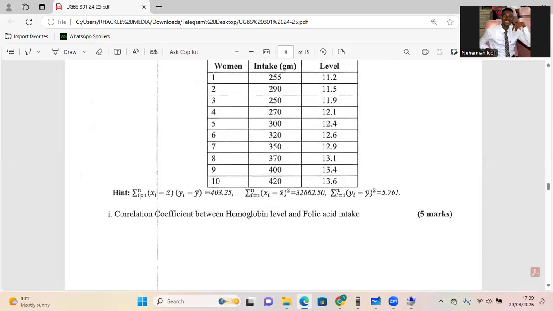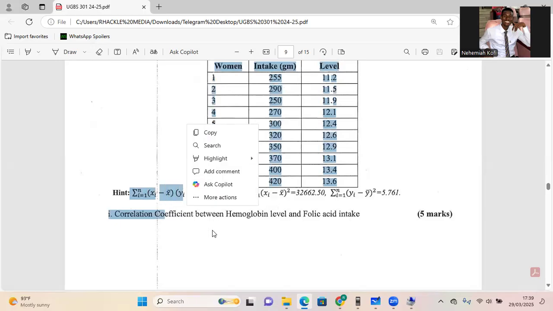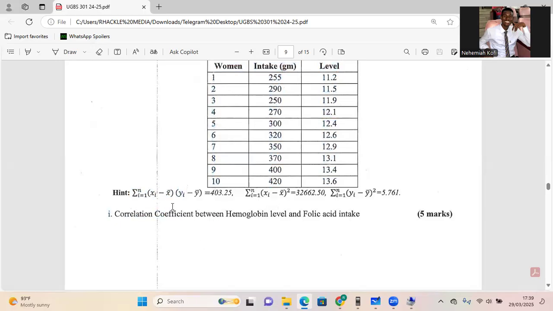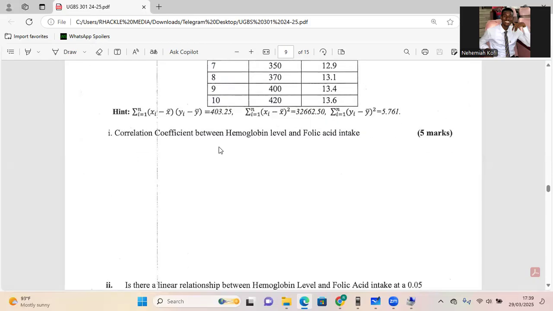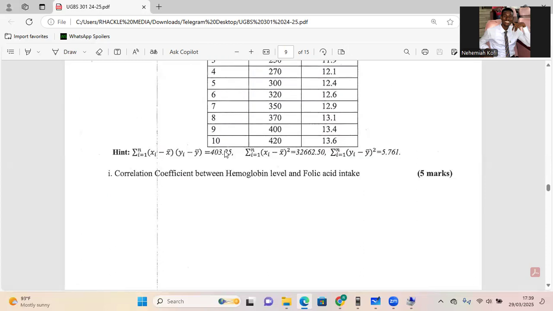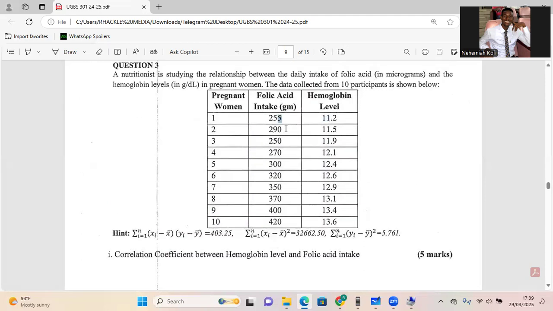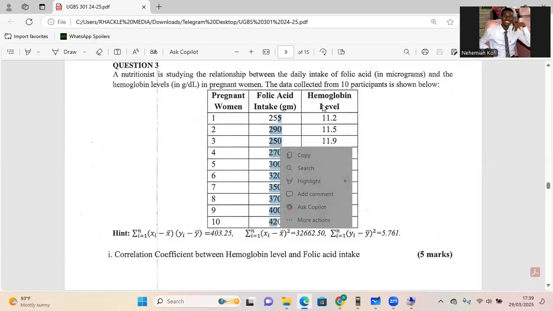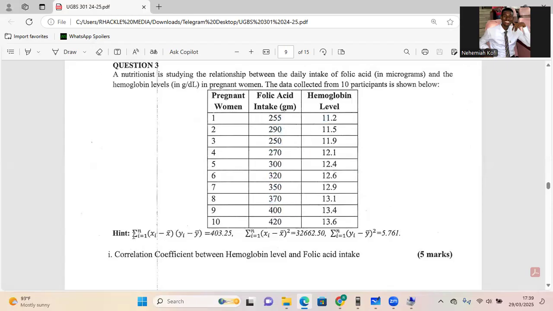They are giving us a hint here. So we will have SSE, SSR, and the likes. But we wouldn't actually be doing a lot of hard work because they've given us hints here. So here they are telling us to find the correlation coefficient, right? If you have this in the calculator, you can use it to get it, but you have this here already.